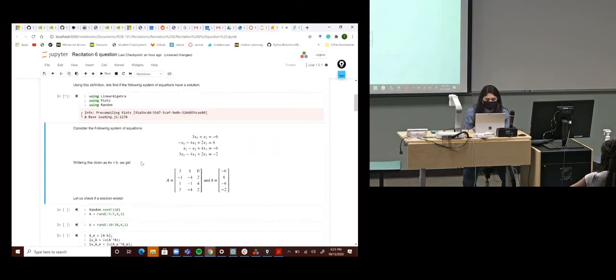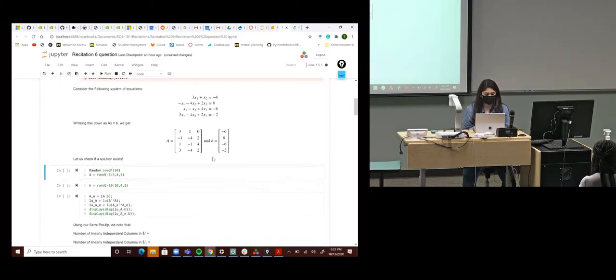You can do whatever you like with that. So I have a system of equations. It's 3 unknowns and 4 equations. So we already know it's probably going to be harder to find a solution because there are more constraints and fewer unknowns, right? So let's try and see that.